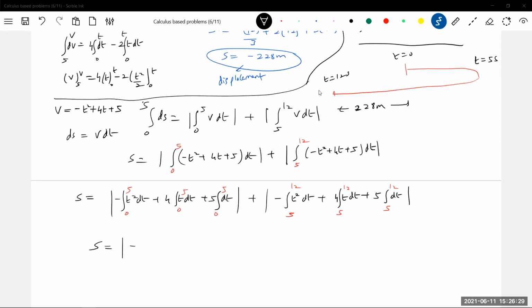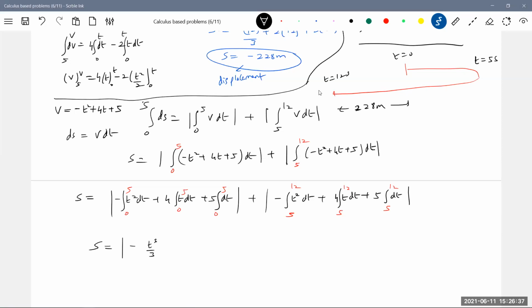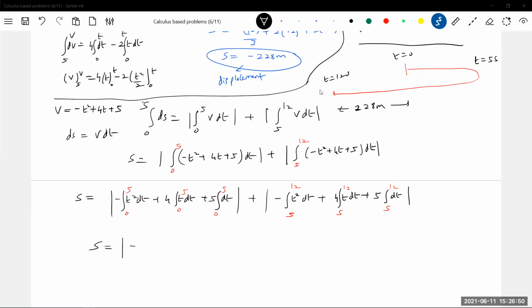How much? Minus 125 by 3 plus 75, I'm getting, sir. The other mod is 75. First mod only, sir. Minus 125 by 3 plus 75. Oh, total. Give me the value.